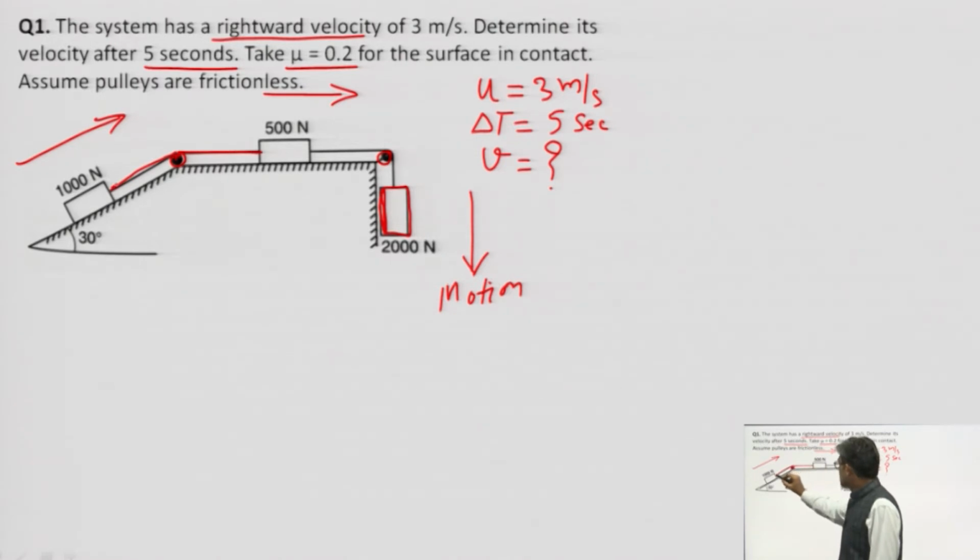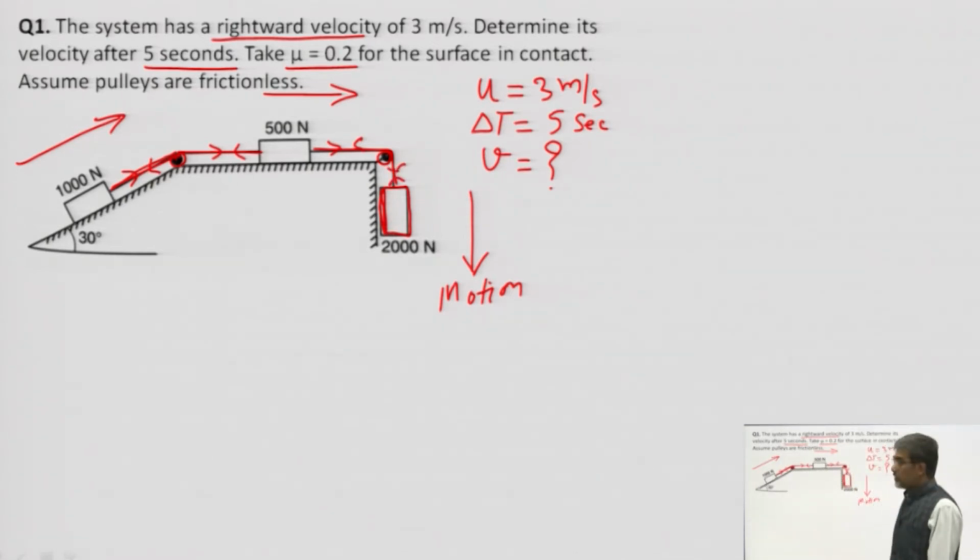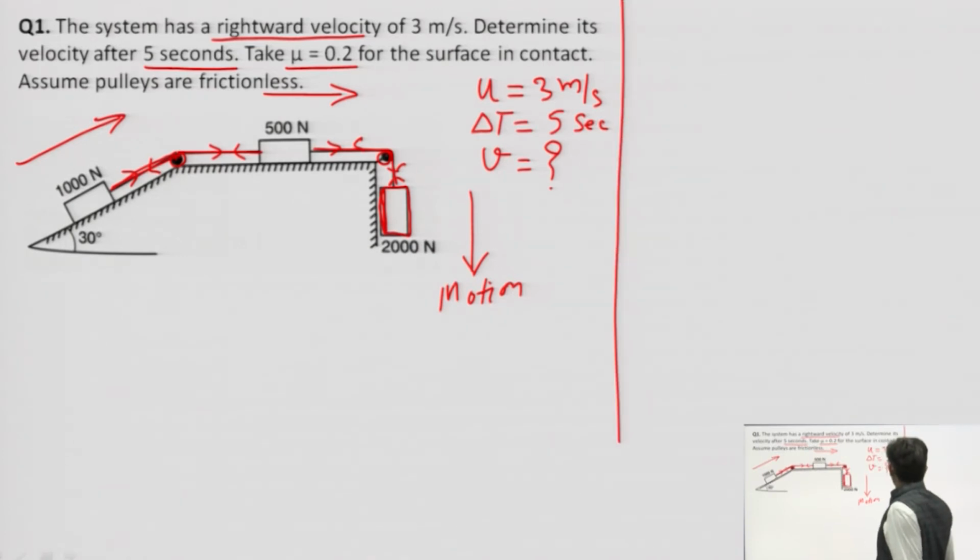So, this one force and this one force are cancelling with each other. Initial velocity and final velocity: one more thing, if this one block is moving with a speed of 3 meters per second, then what will be the speed of this block or this block?